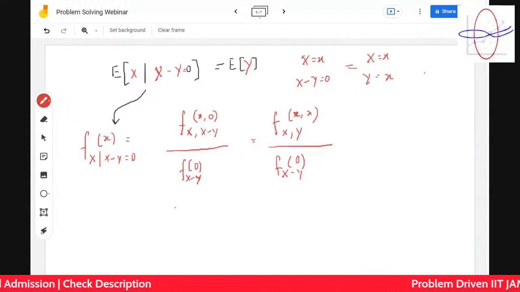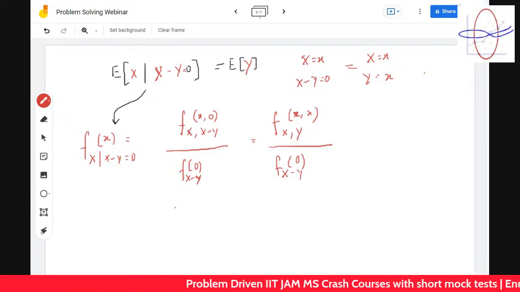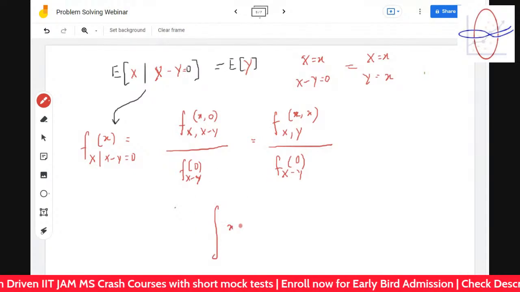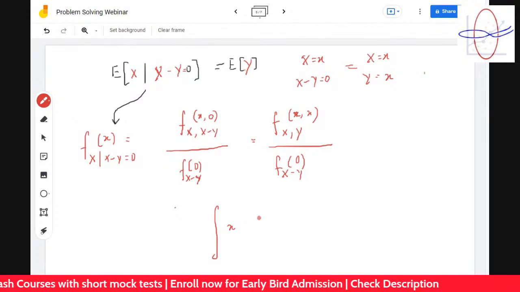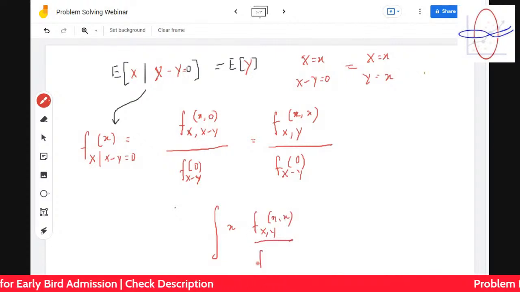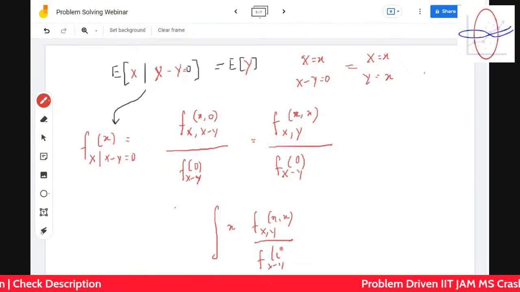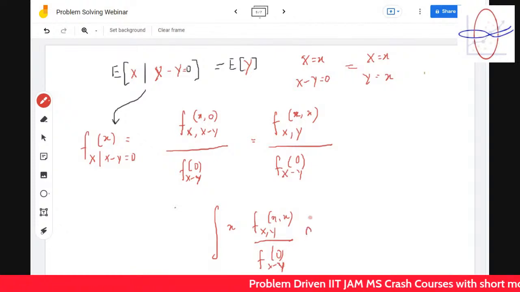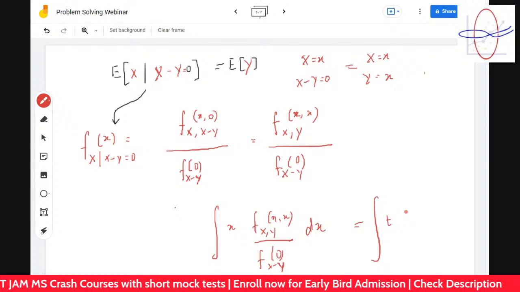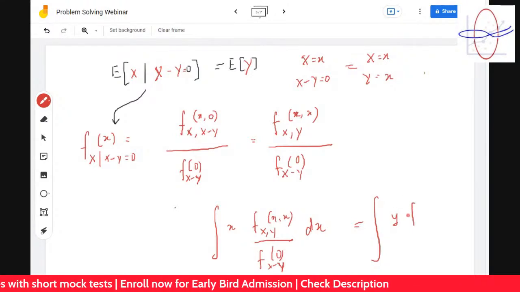So now we need to show that the integration of this x of f of x comma y of x comma x by f of x minus y of 0, dx, is actually equal to the integration of some t or y f of y dy.